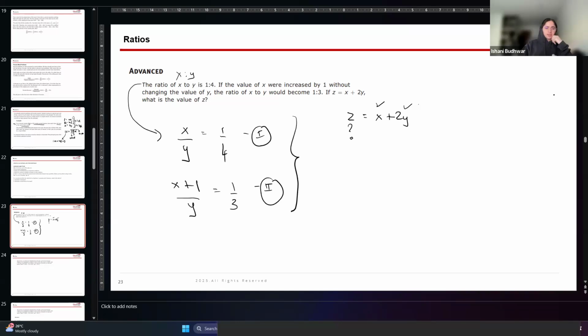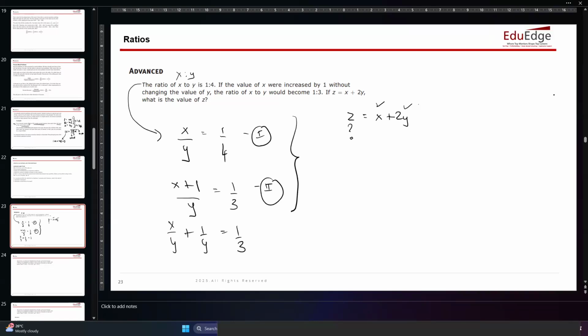Could you split x plus 1 over y into x over y plus 1 over y and solve for y? Yes. Then you can subtract 2 minus 1, or just substitute it here. So 2 minus 1 will fetch you 1 by y equals 1 by 3 minus 1 by 4, which is 1 by 12.